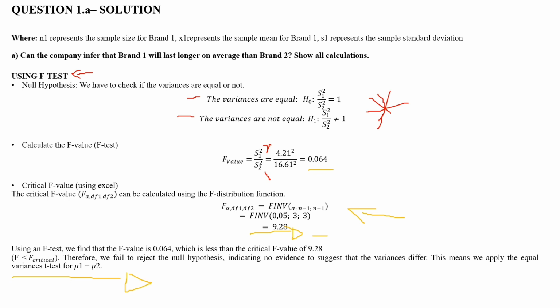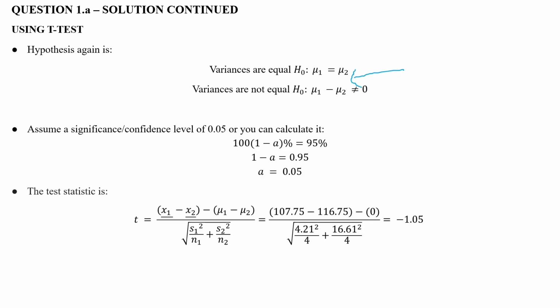Now, this means we can apply the t-test. Our null hypothesis is that the means of the two brands are equal. The alternative hypothesis is that the means of the two are not equal. We assume a significance level alpha of 0.05, which corresponds to a 95% confidence level.